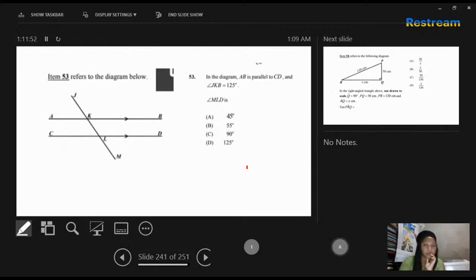In the diagram, AB is parallel to CD. Angle JKB is equal to 125 degrees. Angle MLD is what? So they want angle MLD, and JKB is 125 here. They want this angle.